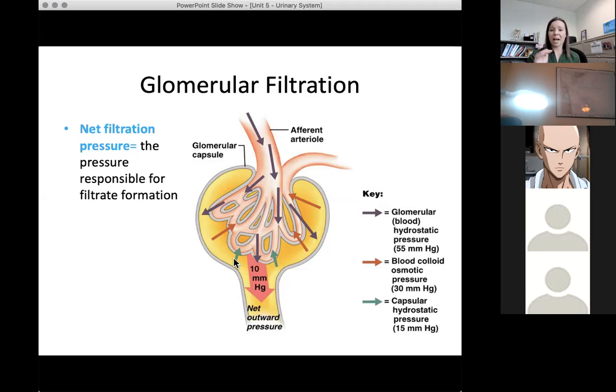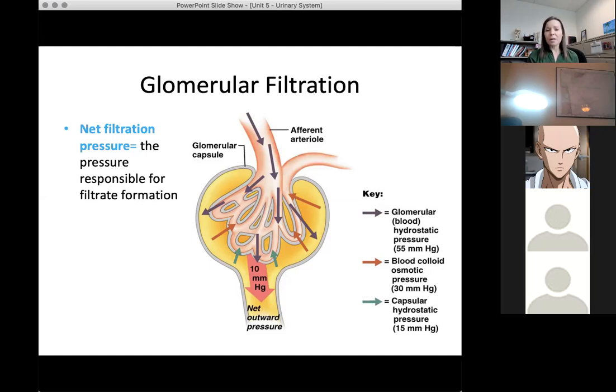So it's pushing in the opposite direction. But fortunately, it's not pushing with a whole lot of force, just about 15 millimeters of mercury. So not a big force at all. And then the other is colloid osmotic pressure. This is the pressure exerted by proteins in the blood. They also push in the opposite direction with a little bit more force, about 30 millimeters of mercury.